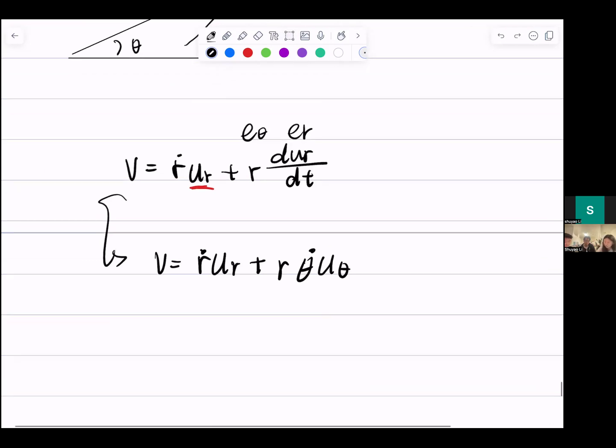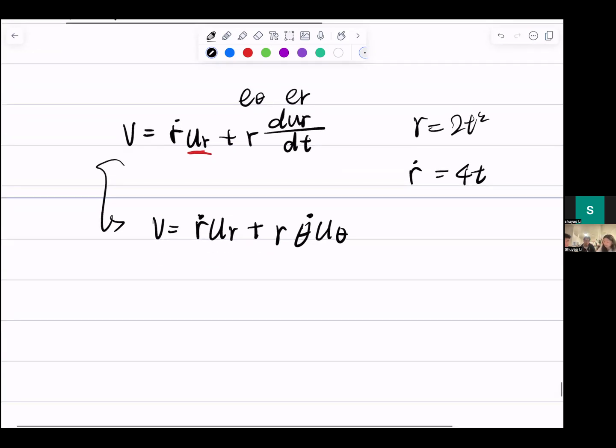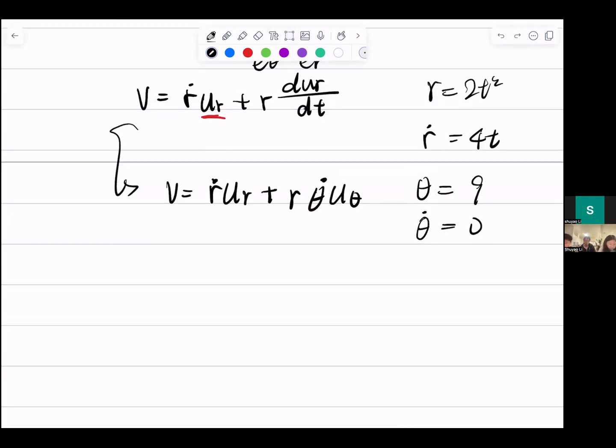They could provide us a function like this, or a constant like 9, in which case theta dot will be 0 and the whole term becomes 0, but that's only when theta is a constant.